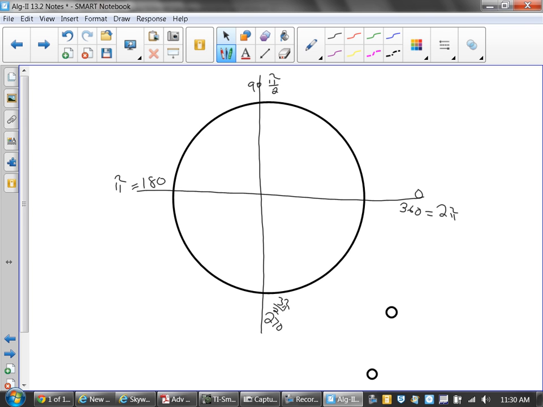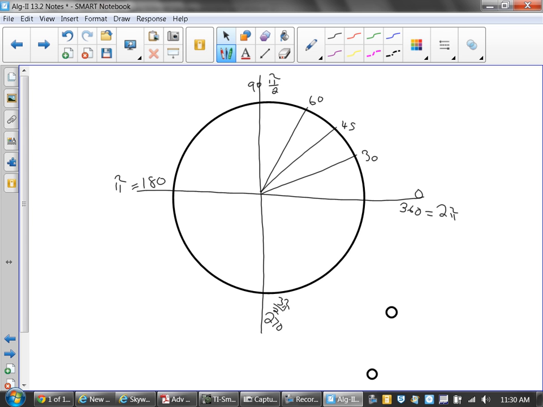What were the degrees of the special right triangles that we always worked with? 30s, 45, and 60. Now, what comes first? 30, 45, or 60? 30. So this is my 30 degrees, 45 degrees, and 60 degrees.